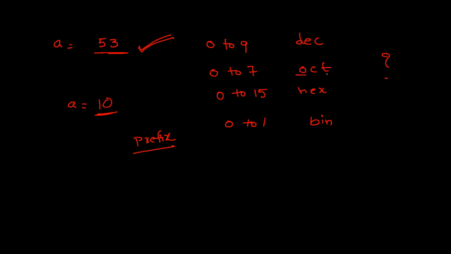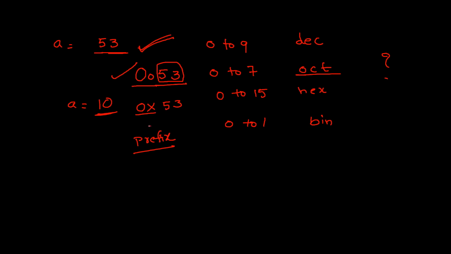Now octal: if any number is prefixed with 0o, that is called an octal number. Now 53 is an octal number. Remember, even though it is prefixed with 0o, the digits must be in the range 0 to 7. Any number prefixed with 0x is called a hexadecimal number.